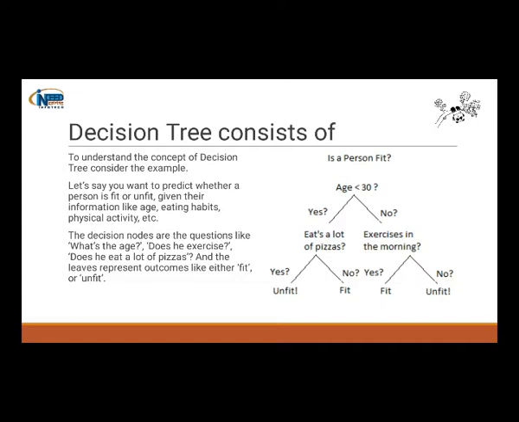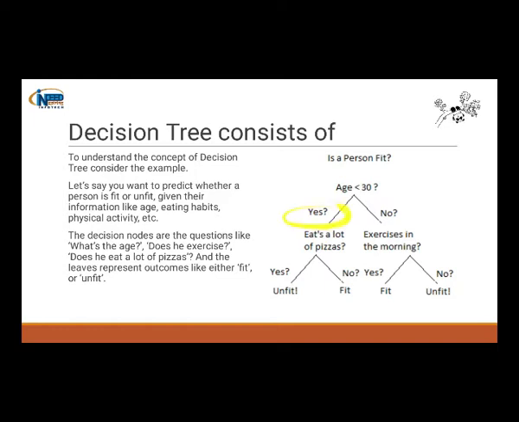Let's say that we want to predict whether a person is fit or unfit, and we have their information like their age, their eating habits, or physical activity, etc. Now the problem is whether the person is fit or not. For that we have a root node over here which tests whether the age of the person is less than 30 or not.